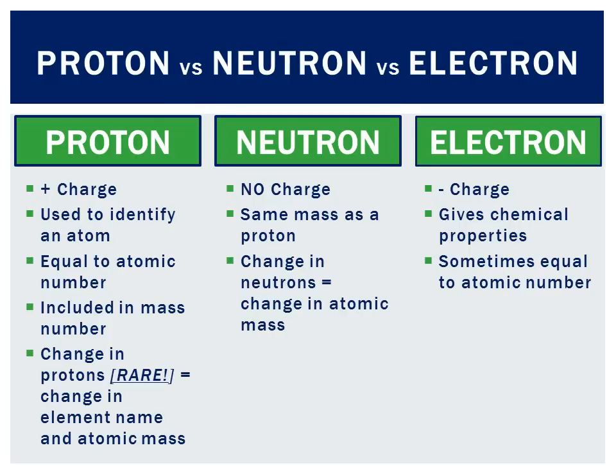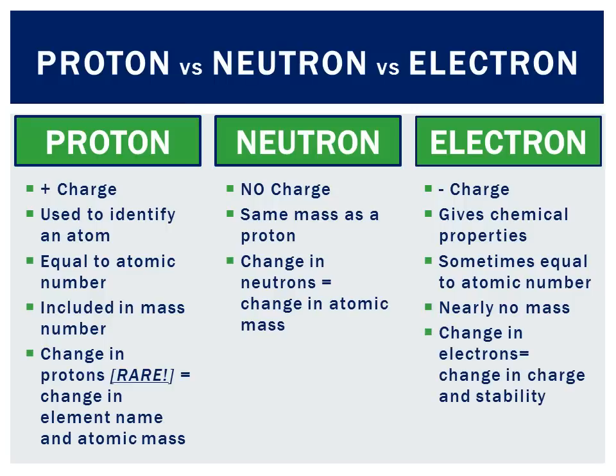And that idea is related to charge. We'll talk about that on the next slide. And it has nearly no mass, so just the protons and the neutrons are involved in the atomic mass. The change in electrons changes the charge and the stability of the element.